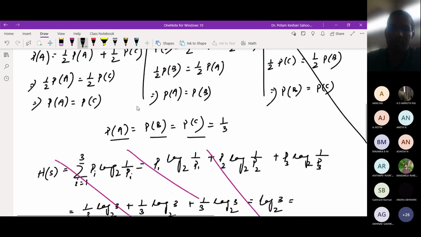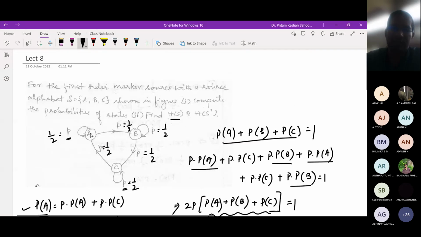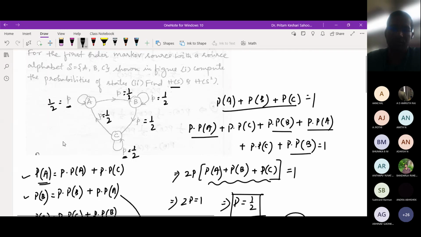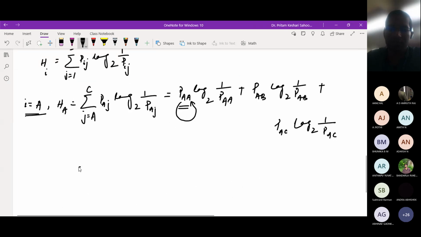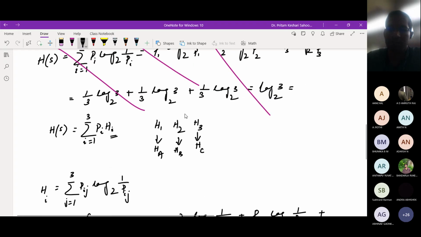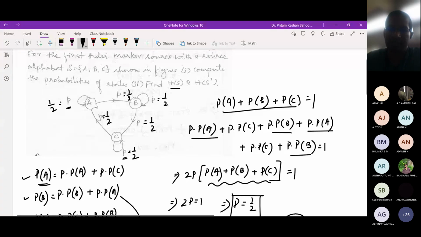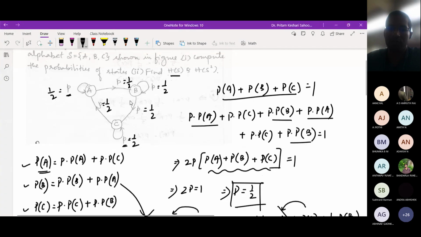If you look here, the probability that state A depends on itself is 1 by 2. So we can write 1 by 2 log base 2 of 2, plus the probability that state A depends on state B. Look at the diagram. State A depends on state B at what probability? 1 by 2.